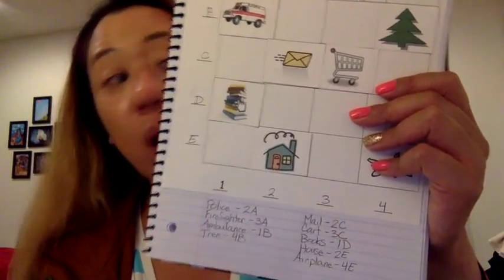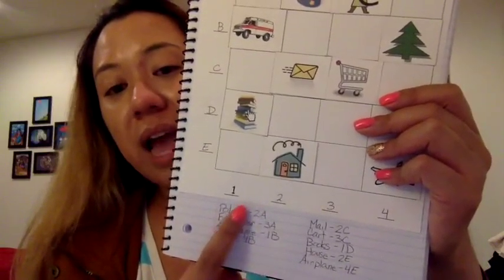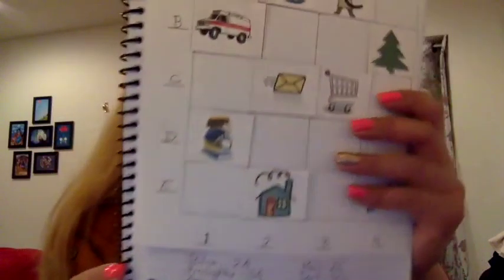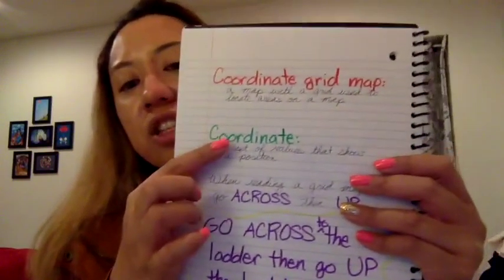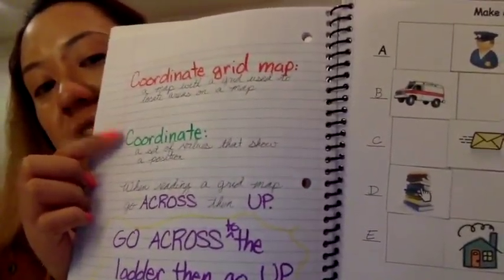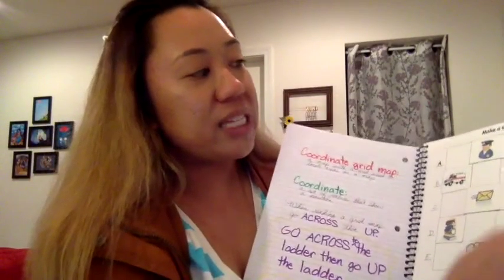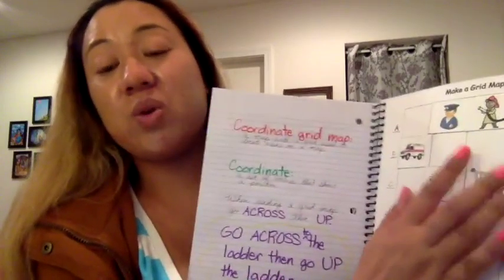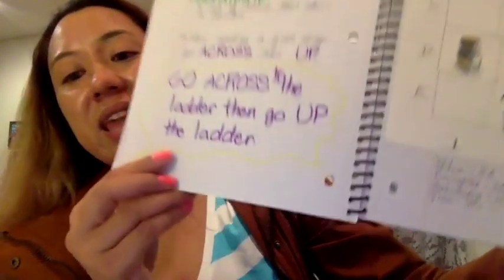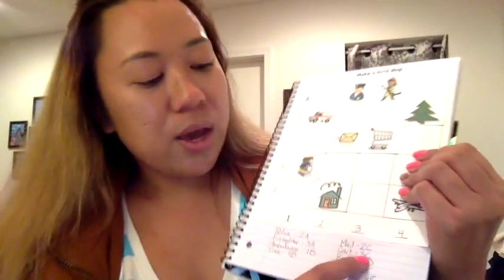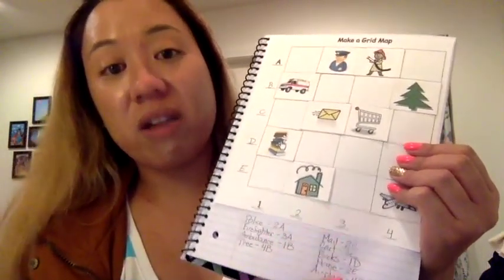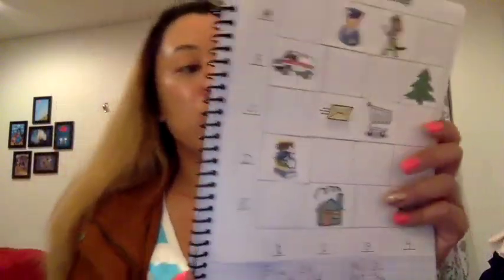If you wrote them down already, then you could actually trace them or do something else, but have it match this color right here. So if I were doing it, I would have it match in green. And maybe this right here, which is red, I would probably outline this in red to help me remember that this is a coordinate grid map. And this is the coordinate, the area values that we were looking for.